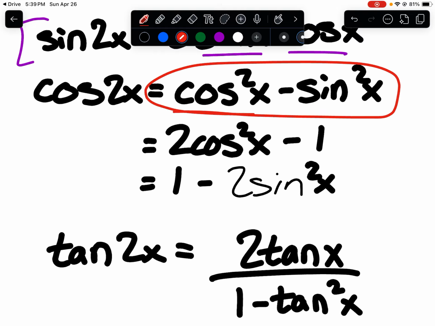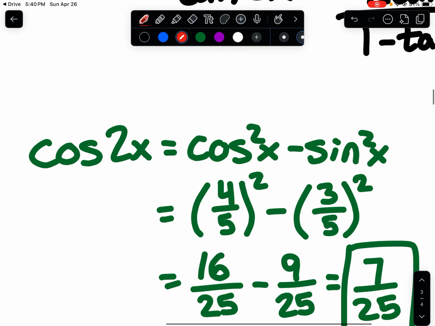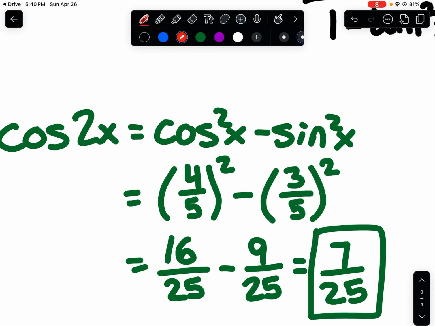Doesn't matter which one you use. Personally, I like this one here just because if you end up with a Pythagorean theorem number that's not a perfect square, say if you end up squaring a square root, then it ends up canceling each other out. So I tend to go with that first one, but that's just me.